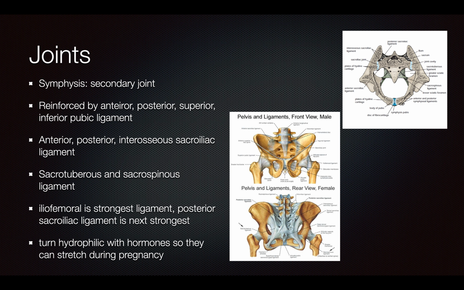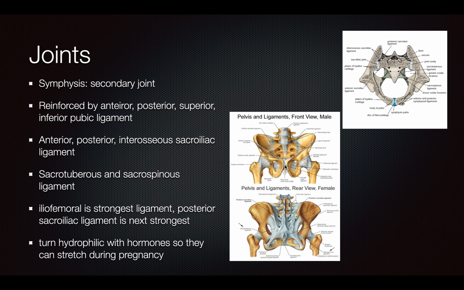The important joints are the pubic symphysis, which, as we talked about before in the lecture about joints, is a secondary joint, so the edges are lined by hyaline cartilage, and in the middle would be a fibrocartilaginous pad.